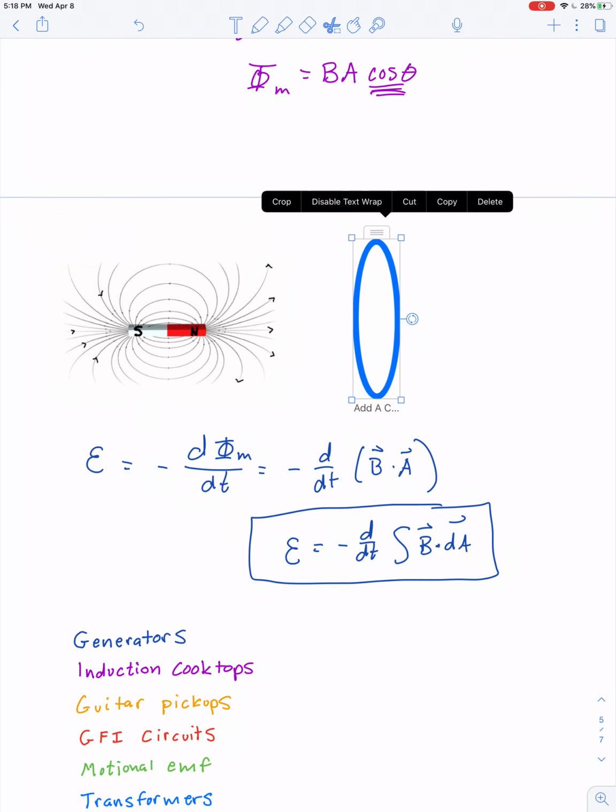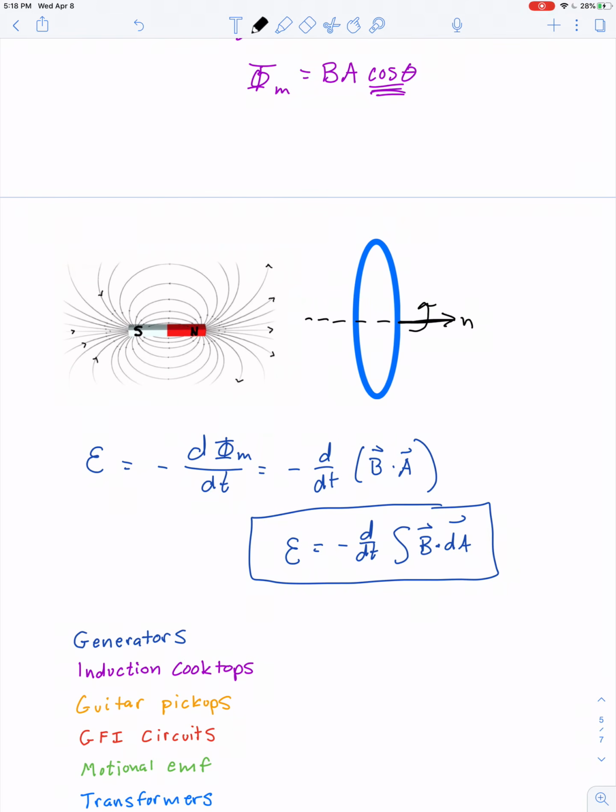Another example would be to take the loop of wire and mount it on an axle. And then if we spun the loop of wire about this axis, there'd actually be no change in flux in this case, because spinning it about this axis would always keep the normal vector or the area vector pointing in the same orientation. So instead, we should imagine what would happen if we took the loop of wire and rotated it about this axis.